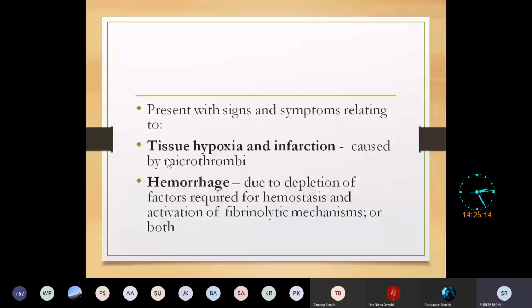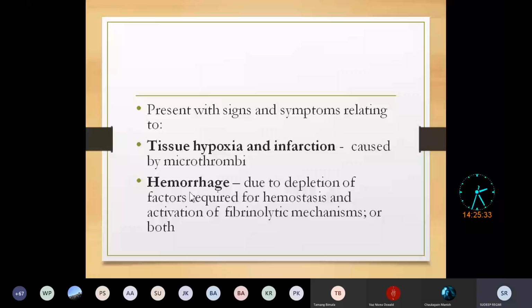And there will be hemorrhage. So one is tissue hypoxia and infarction, and the next is hemorrhage, due to the depletion of the factors required for hemostasis, and there will be activation of the fibrinolytic mechanisms, or both.